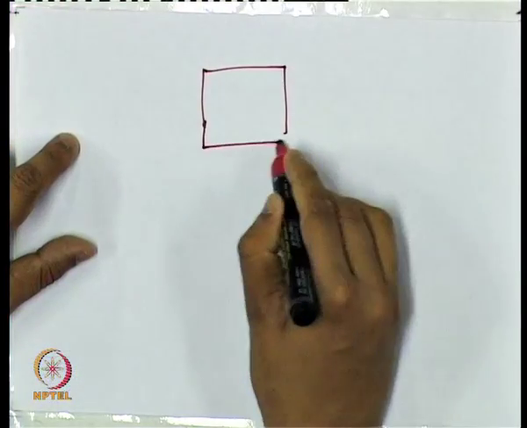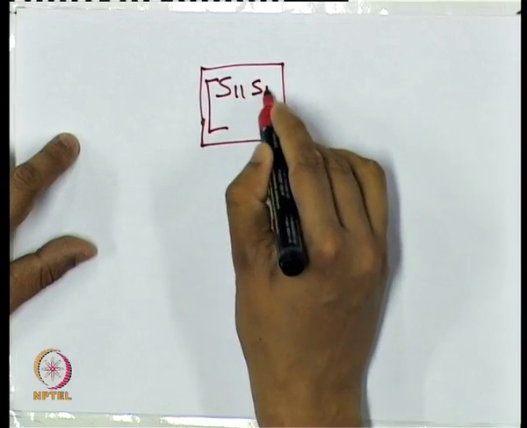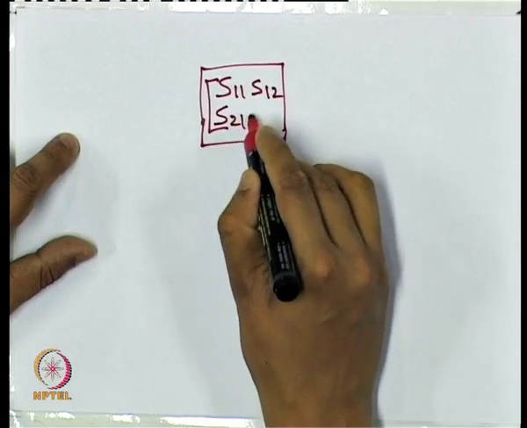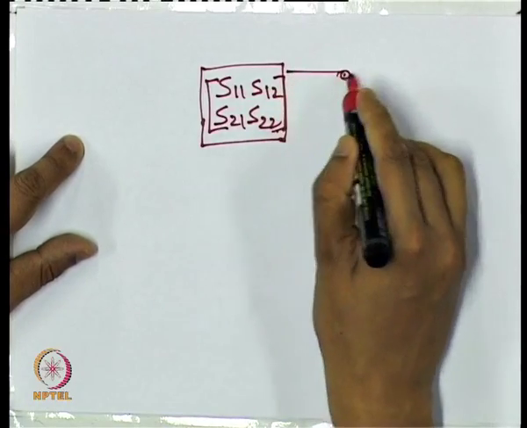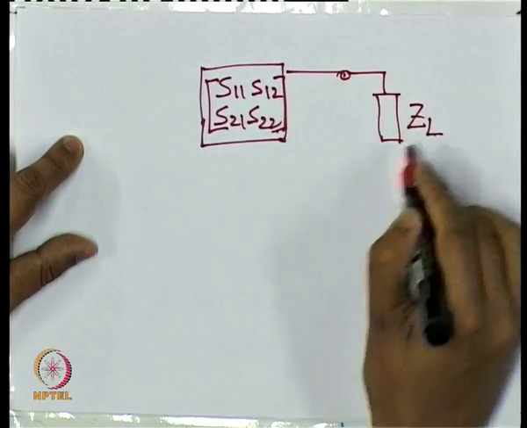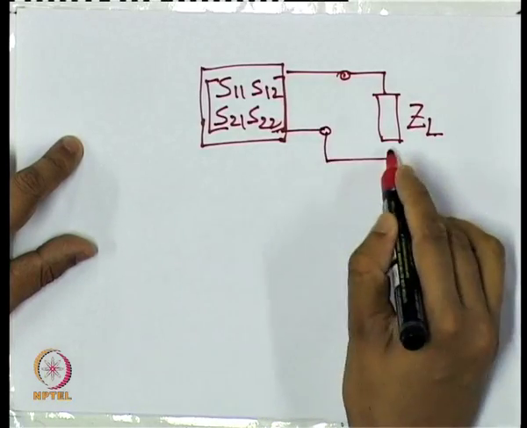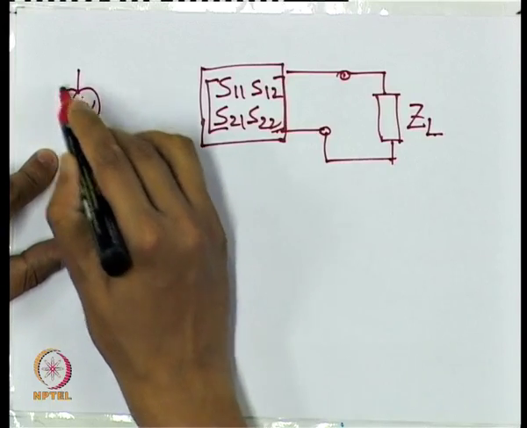So let us see. We have our amplifier with a certain S parameter matrix. Then we have a load ZL and a source ES.